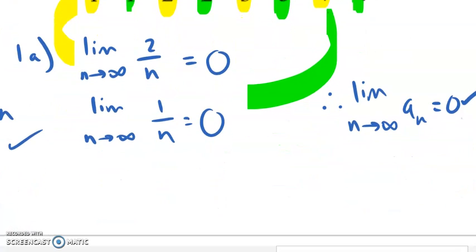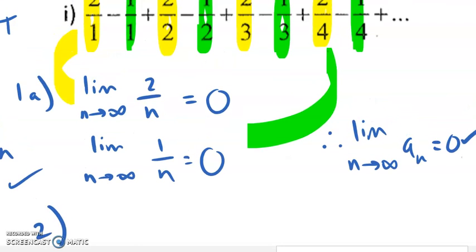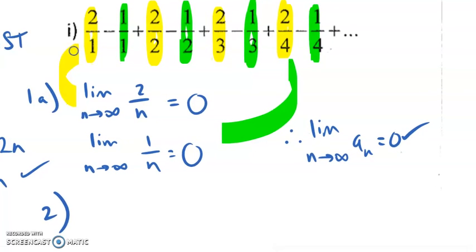Okay. The next step is, can we determine whether the next term, and again, we're just focusing on the absolute value of each term in the sequence. Is it true that a sub n plus 1 is always less than or equal to a sub n? Well, let's just take a look at some of these. Is 1 less than 2? Sure. That checks out. What about 1 less than or equal to 1?